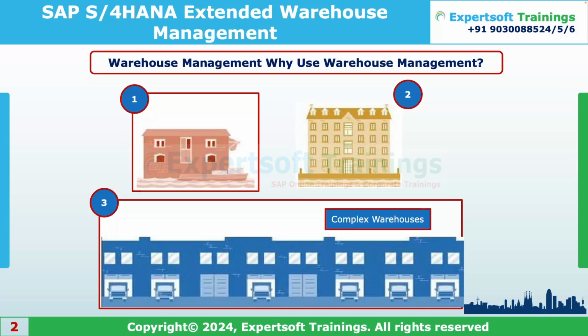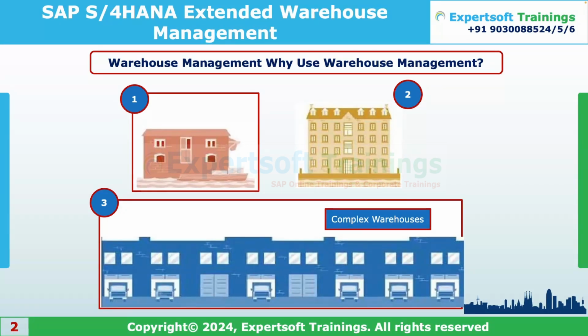Now, why would any business or industry need a warehouse management solution, or require some ERP or software systems to manage their warehouse? To answer that question, in this slide I have given three pictures. The first picture is a very simple warehouse where goods are coming in and going out.